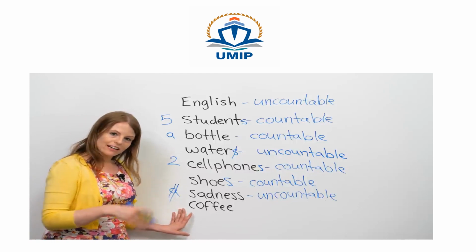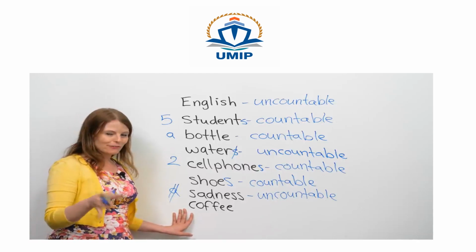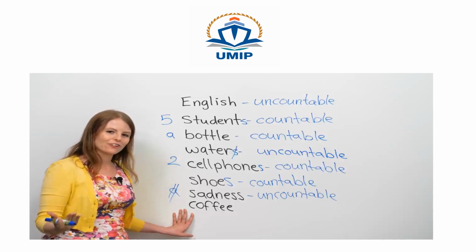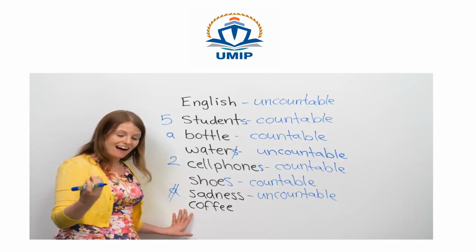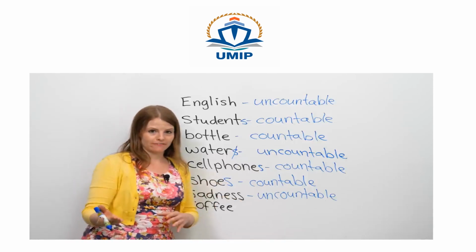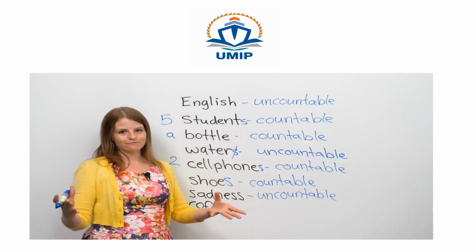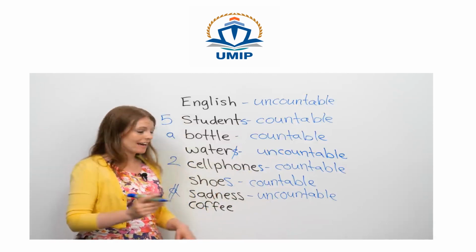Last one we're going to look at here, coffee. So coffee, remember food and drinks are often uncountable. We can talk about a cup of coffee, but we're counting the cup. Coffee itself, we consider uncountable.